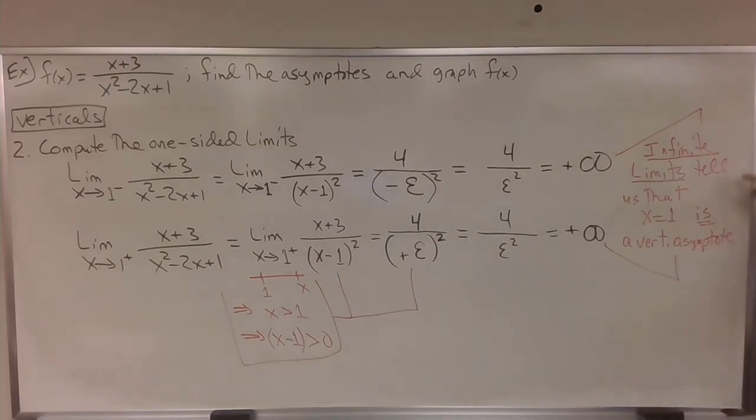Infinite limits tell us that x equal 1 is a vertical asymptote.